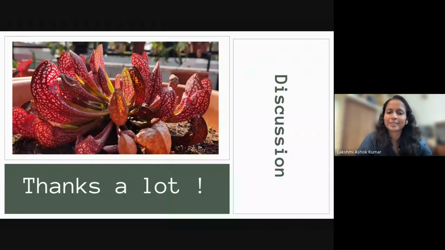Okay. So, regarding the taxonomy, I'm not sure about how the taxonomical classification was done. I'm not an expert in taxonomy of these plants. I'm sorry about that.